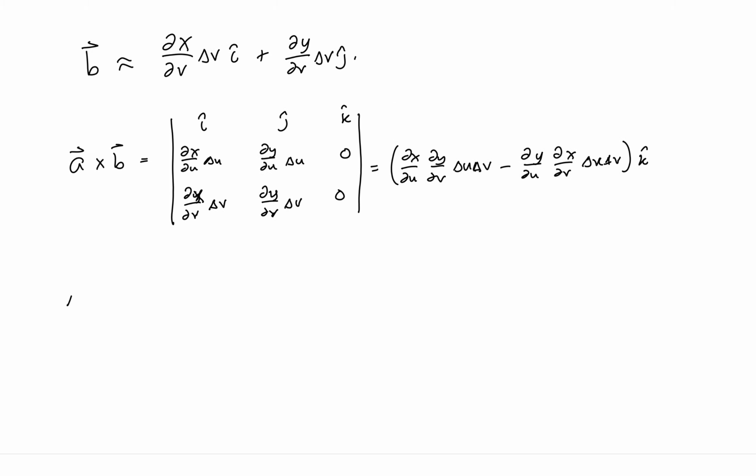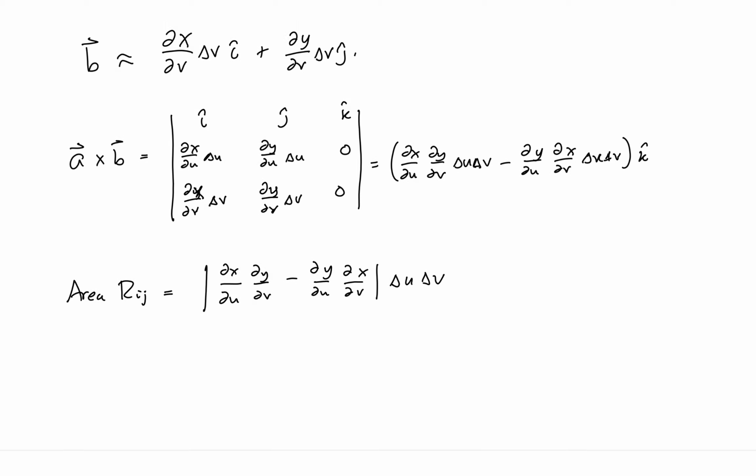So the area of Rij is the magnitude of this: the magnitude of delta x over delta u times delta y over delta v, minus delta y over delta u times delta x over delta v, times delta u delta v. That gives me the area of Rij.